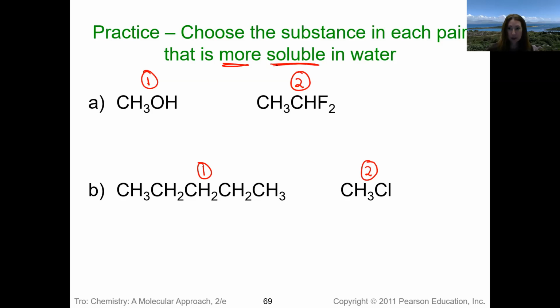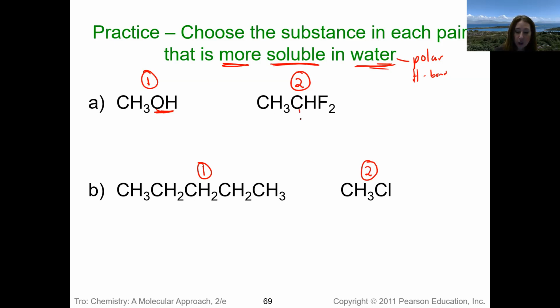All right, so our first one, what we notice is, again, the one that's more soluble is going to be the one with the more polar, because water is polar, right? It's got hydrogen bonding. So the one that's more polar is going to be more soluble. Well, this is hydrogen bonding. This is just a polar molecule. How do I know this is a polar molecule? Because this is only CHs, and then we added some extra stuff.